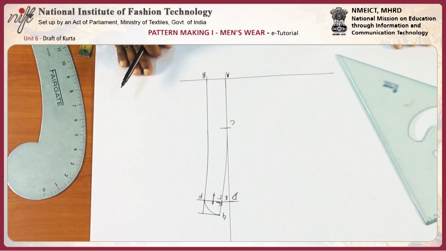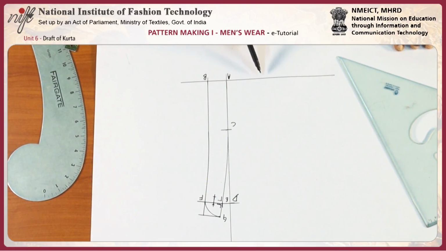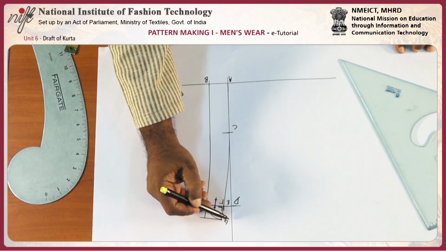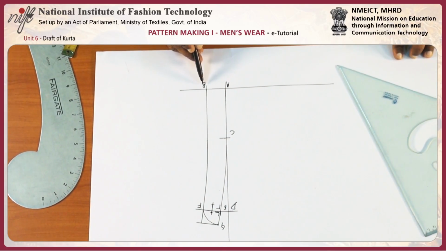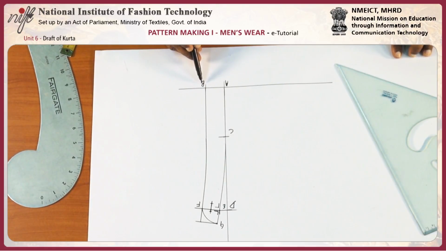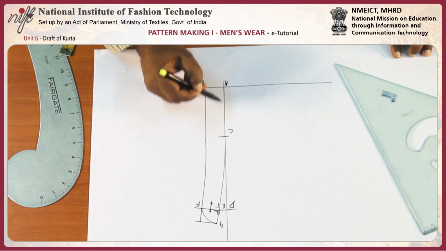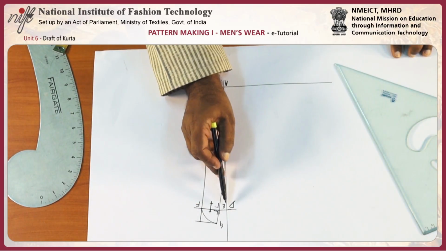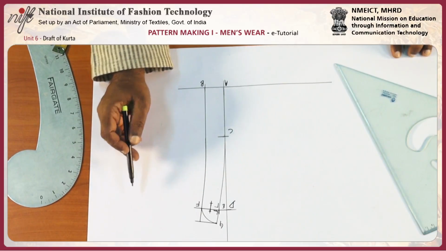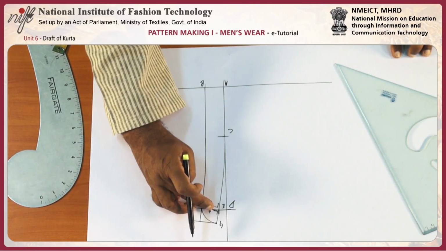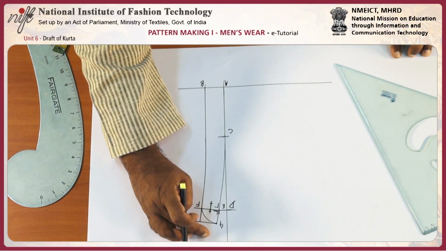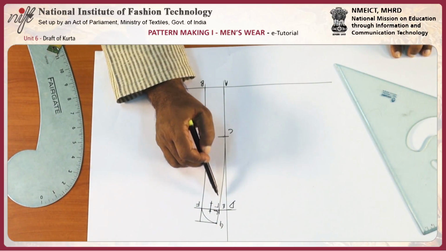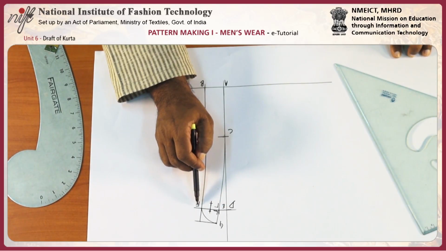Let me recap. I drew a straight line which is a vertical line, then a perpendicular line, A to B center back collar band width, then A to C back neck, C to D front neck, then 1 centimeter D to E, then took a curve line and extended from point E, then from the curve line drew the perpendicular line.